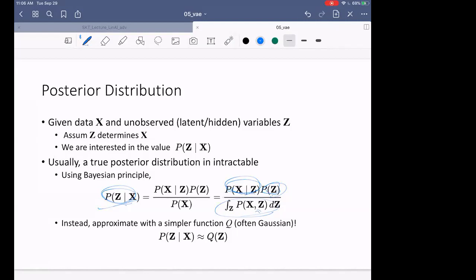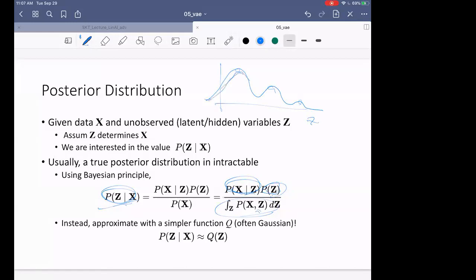And of course, if you use a very, very complex Q, then the quality of the approximation would be really high. For example, if your true PZ given X, the true posterior, looks like this in a one-dimensional space, this is your Z, and this is your likelihood, and let's say your posterior has 3 modes, like mode 1, mode 2, and mode 3, and you're using QZ, which is a Gaussian distribution, then there's only one mode.